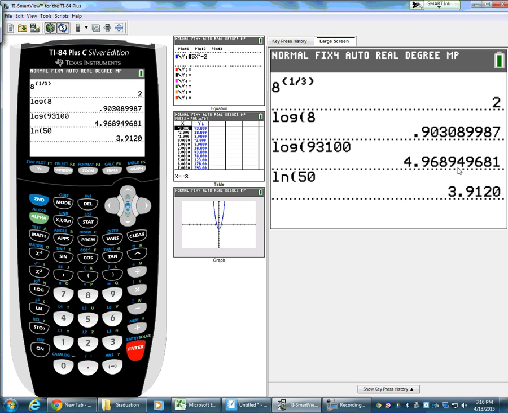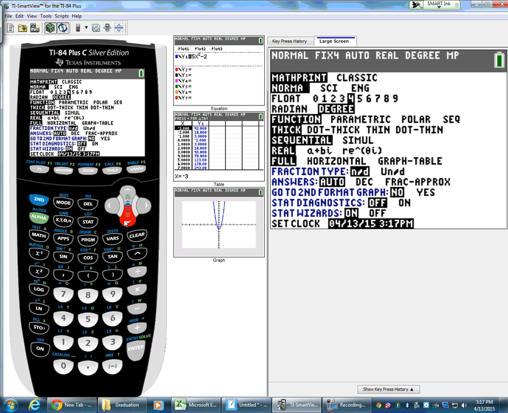I wouldn't round it up because the very next number is a 4. I've seen people say, well, the number after 4 is a 9, so I'd round that up to a 5 and I'd round that one up, but you don't do that. You just look at the very next number. It's a 4, so you leave this a 9. 903. This one, the next number is an 8, so this would become a 1 if you rounded correctly. I'll change it back to float. I don't like to leave it on 4 because I can round pretty good.